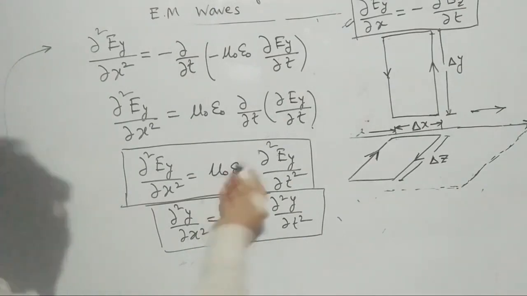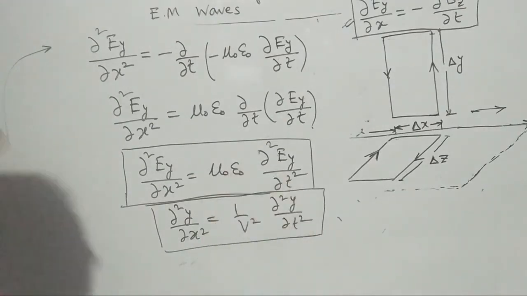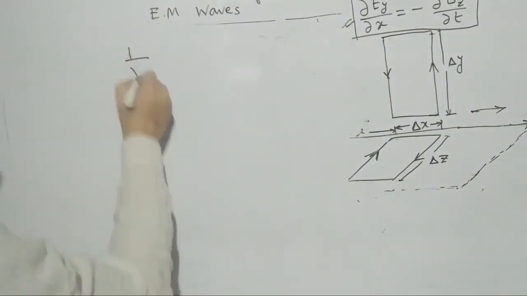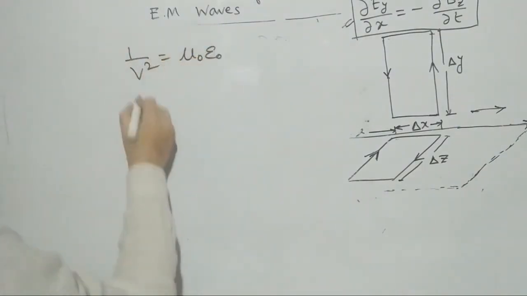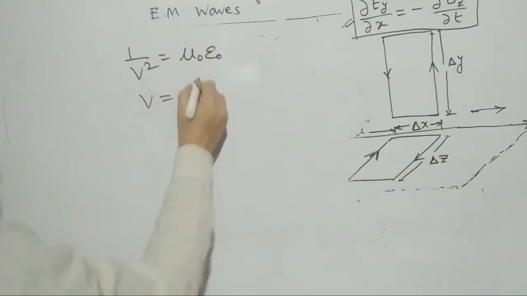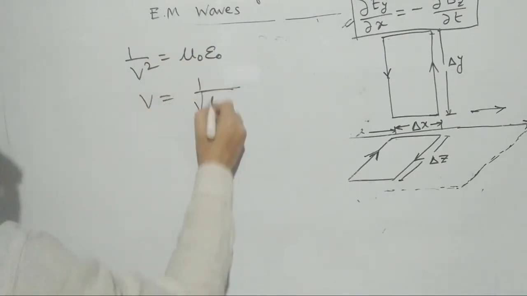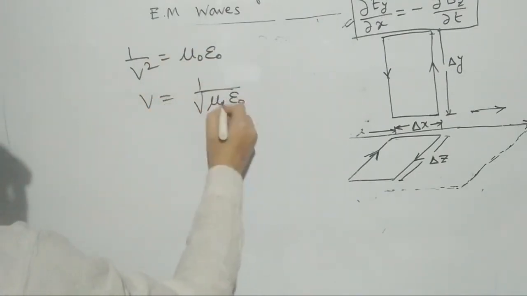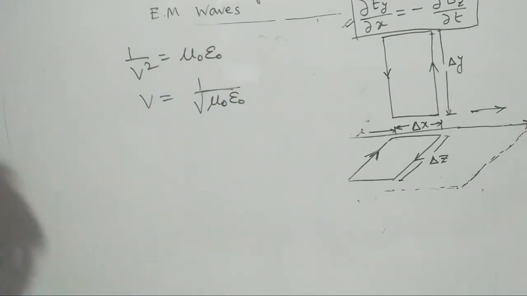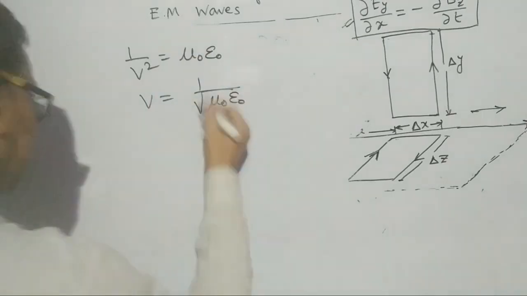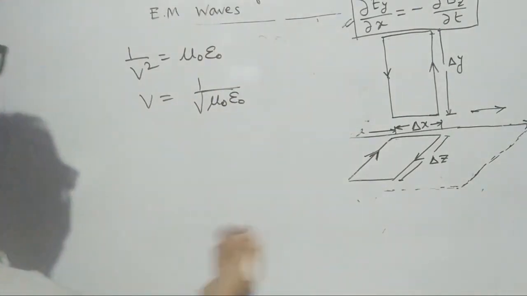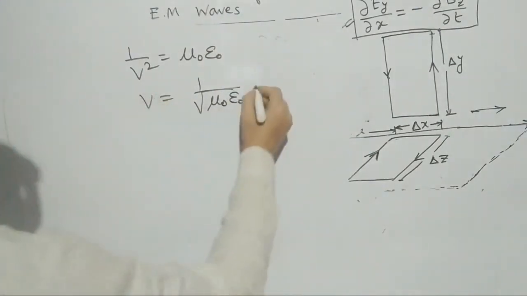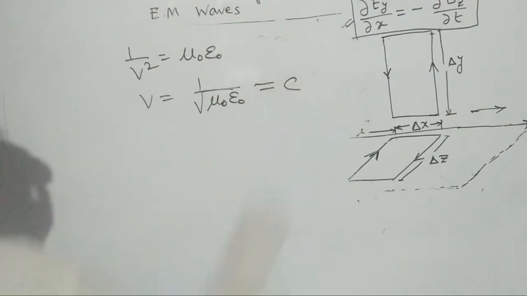So what we are getting, 1 by v square equal to mu naught epsilon naught. So the value of v equal to 1 by root under mu naught epsilon naught. And if we check this both dimensionally and by magnitude, what we get, that this v becomes c.